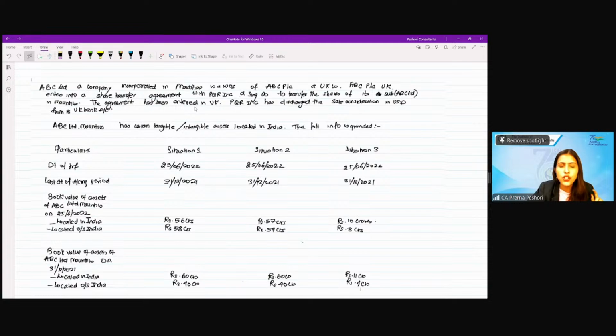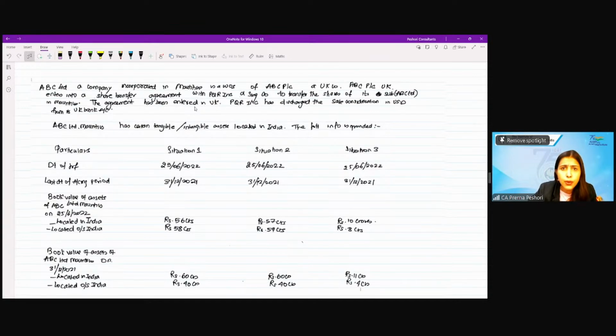First situation: the date of transfer is given as 25th June 2022. The last year of the accounting period is the calendar year 21. The book value of the assets of ABC Limited Mauritius as on the date of transfer is given, which is located in India and located outside India, and the book value of the assets on the accounting year end date is also given.